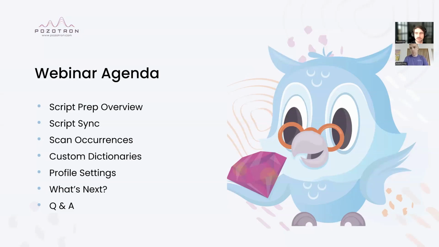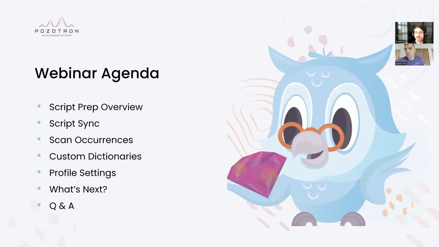Script Sync shows how you can use the research you've done in the prep stage to expedite your proofing stage and post-production. Along that line, we'll show you the Scan Occurrences tool, which is a post-production tool but a part of the package of script prep tools. So if you use our prep tools, you will have access to this really powerful tool as well.